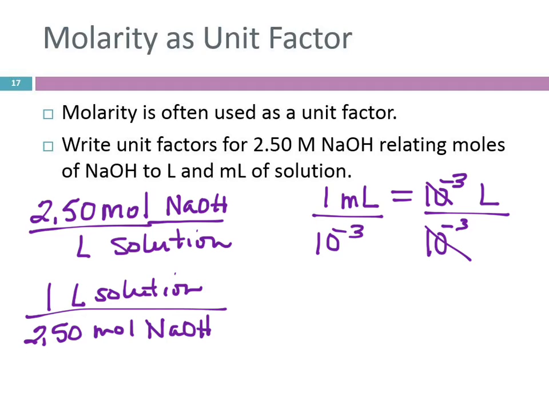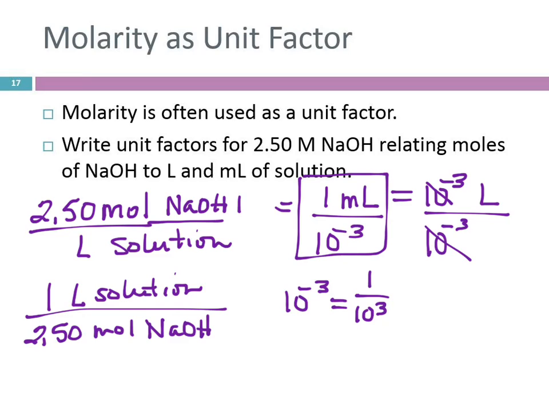Those cancel out. 10 to the minus 3 is the same as 1 over 10 to the 3, right? So here I have 1 over 10 to the third, which is 10 to the third. So this guy right here, this equals 10 to the third. And you can do that on your calculator and prove it to yourself if you want to. So 1 liter is 1,000 milliliters.